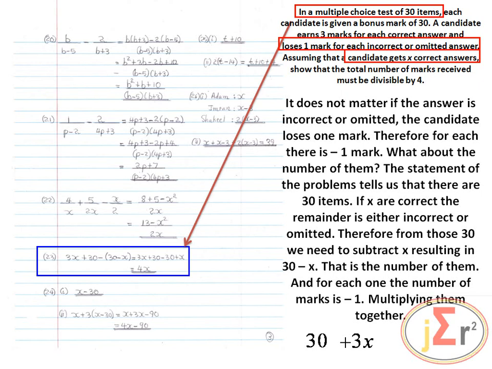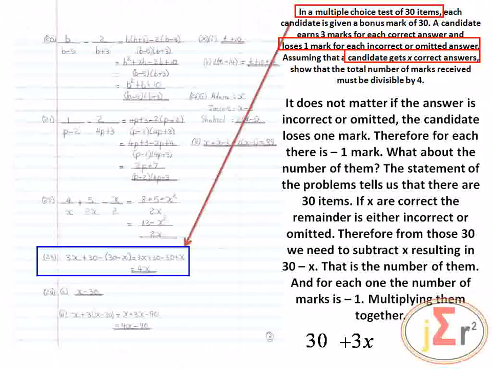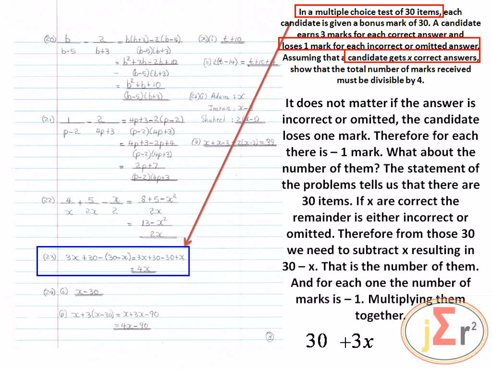Therefore, for each, there is negative 1 mark, whether it is omitted or incorrect.